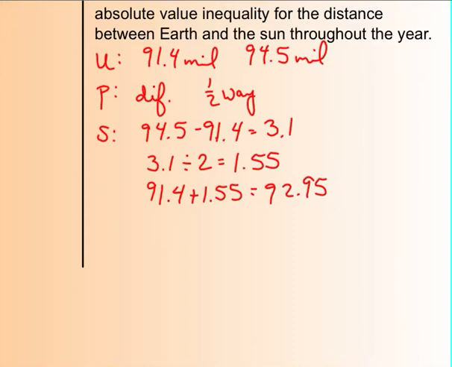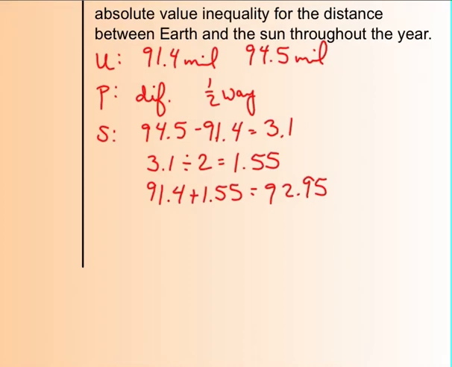Okay, so now we need to set up something with all of these numbers. We've got the 3.1 million is the difference, okay? 1.55 million miles is the halfway. The actual halfway distance was when the Earth was 92.95 million miles from the sun.